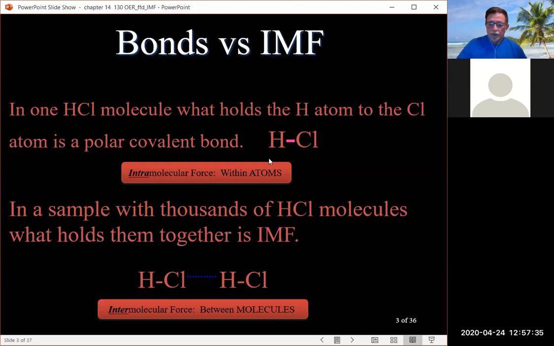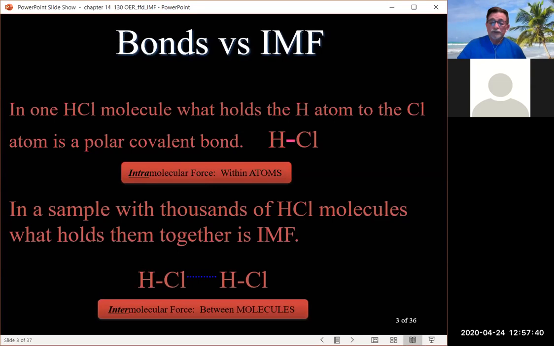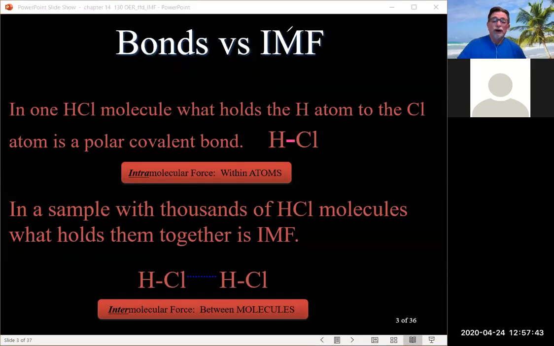Now, if you recall, we drew the arrow. Let me draw this arrow like we had before. And then we had a little plus side over here. We have a polar bond. The arrow is being drawn toward the chlorine because chlorine has a lot more electronegativity. Remember EN, electronegativity.